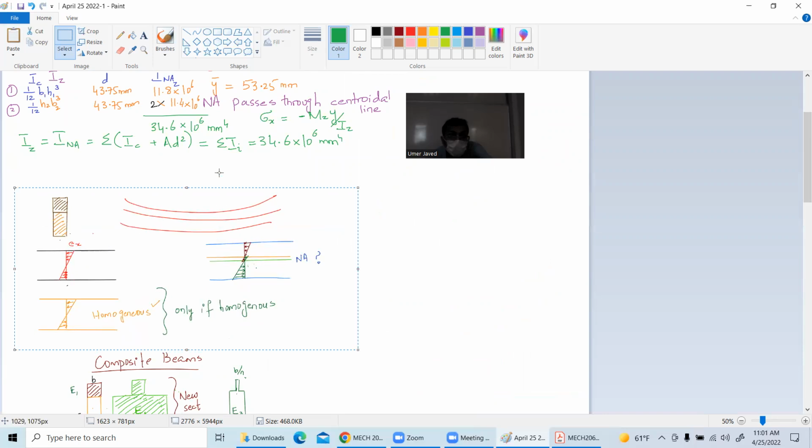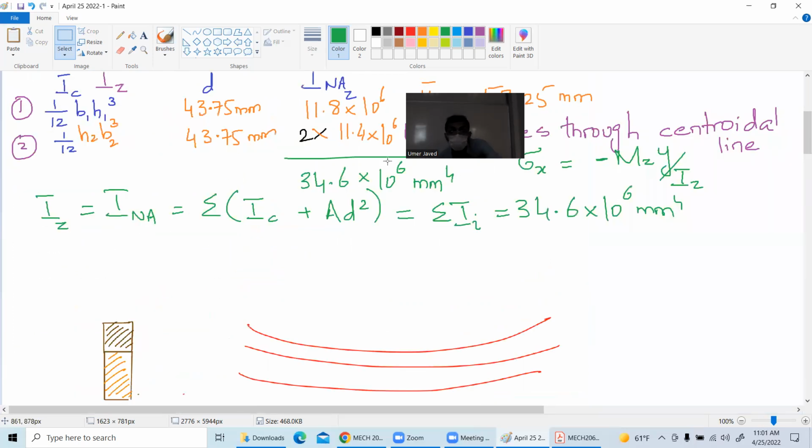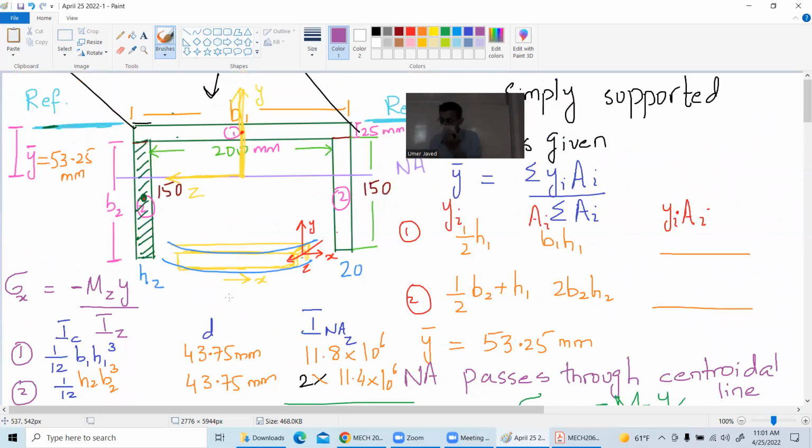Okay. Then last is stress X is equal to minus Mz, I don't have the Mz value, I will give it to you, divided by Iz. Okay, give me the maximum stress that the object can exhibit. So give me the y value for maximum stress. This you can find.